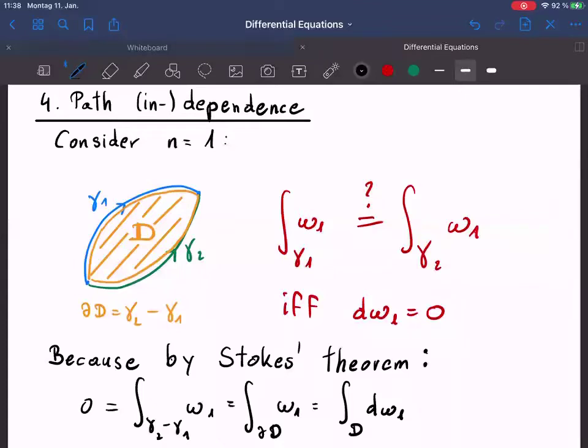That follows from Stokes' theorem, because if the two paths have the same endpoints, then there's a well-defined area in between, called D here, whose boundary is precisely gamma 2 minus gamma 1. So my two integrals are equal precisely when the integral of omega 1 over this closed path is 0. But by Stokes' theorem, that is equal to the flux of the derivative of omega through the area.